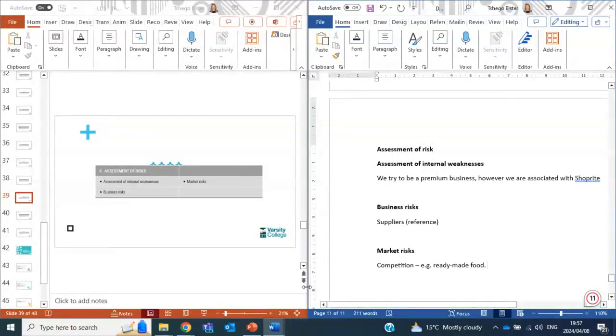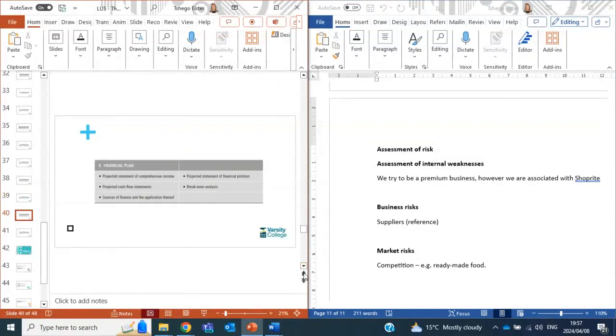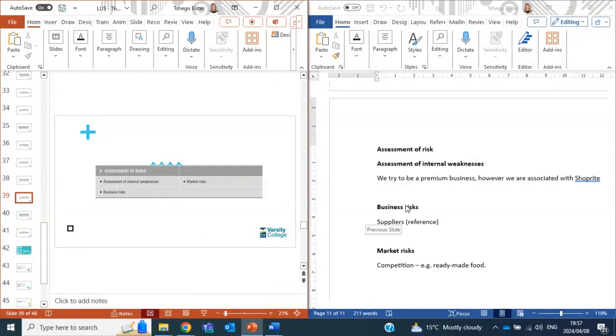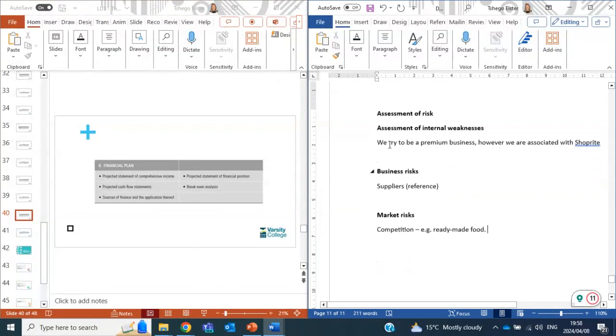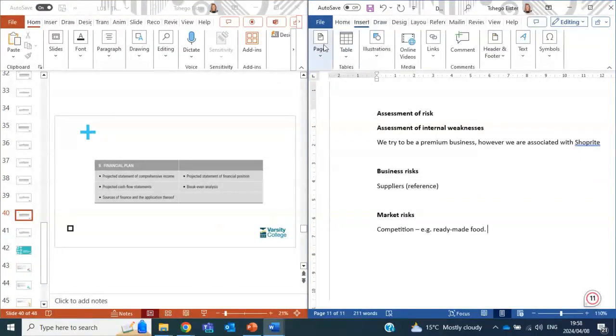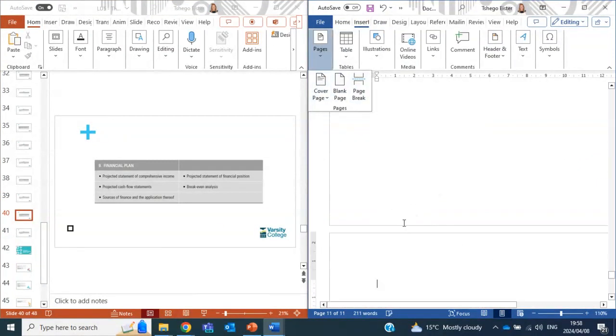And then the next one is assessment of risks. Okay, we've done that. The next one then is the financial plan. And this is where it gets a little bit more difficult for people, because we like to claim that we're not so financially inclined.